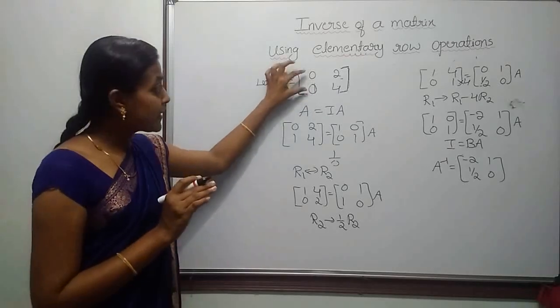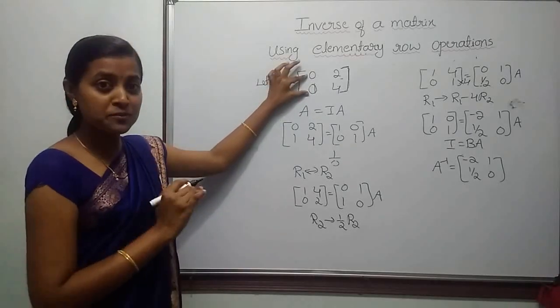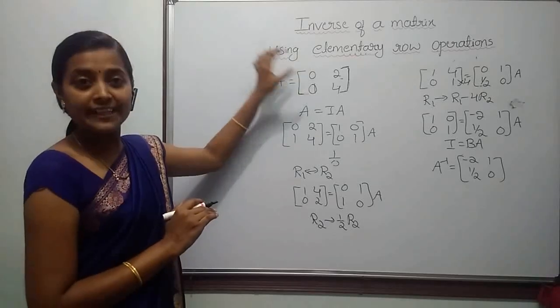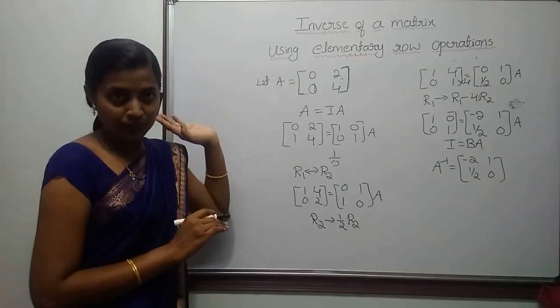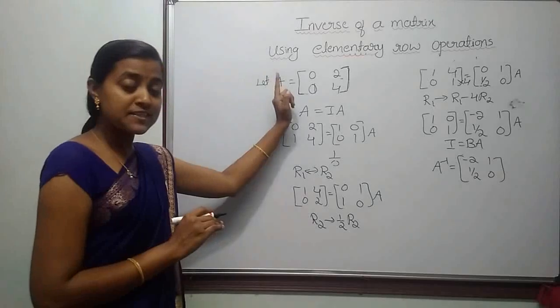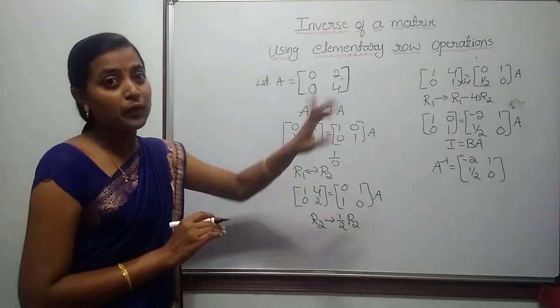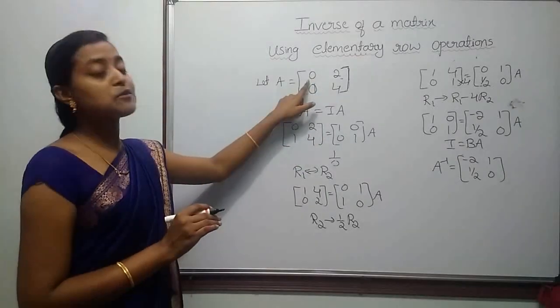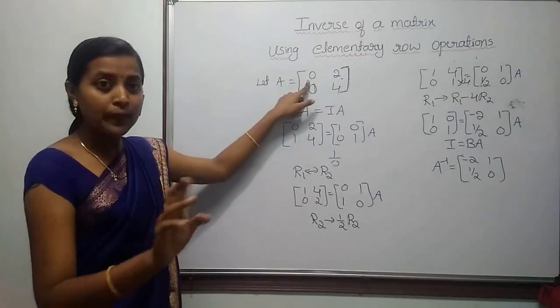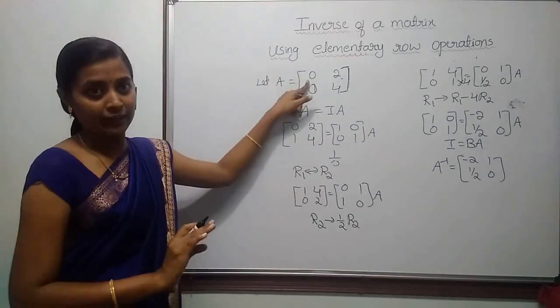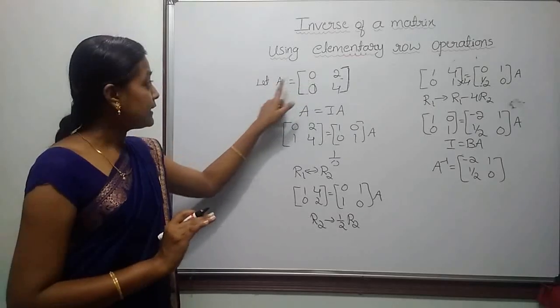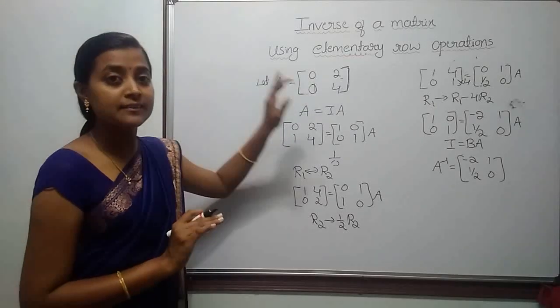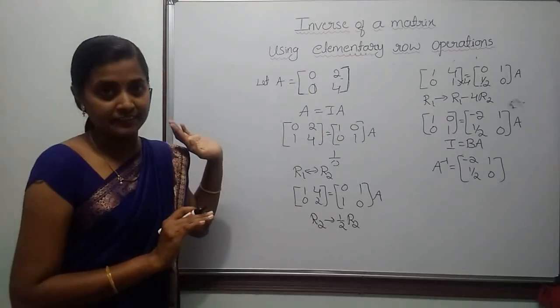Observe here, we cannot interchange the two rows because both of the rows contains the first element 0. Then how can you reduce the first element of the matrix to 1 here? In this case, we cannot reduce the first element to 1 by applying any row operation. And we say that the inverse of the matrix does not exist in such cases.